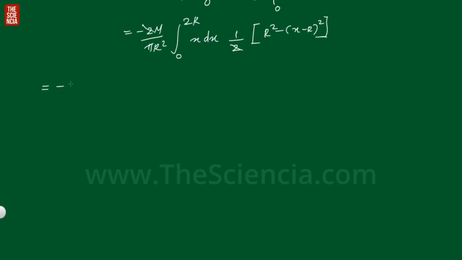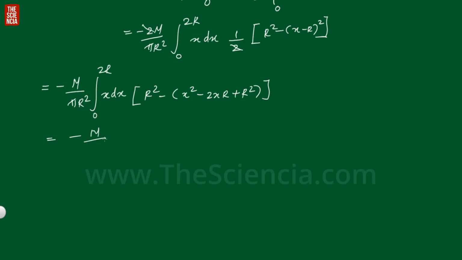That is equal to minus M by pi r square, integral 0 to 2r x dx into r square minus (x minus r) all square, that is x square minus 2xr plus r square. Now again I am expanding.